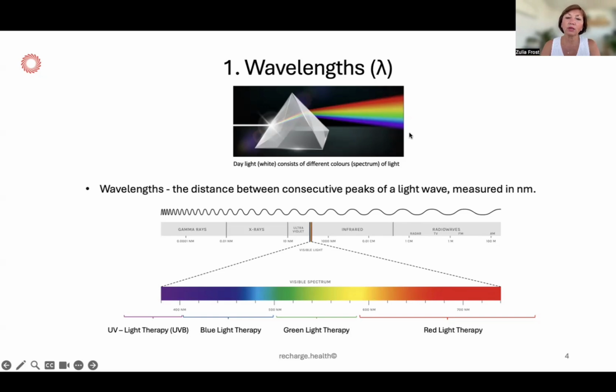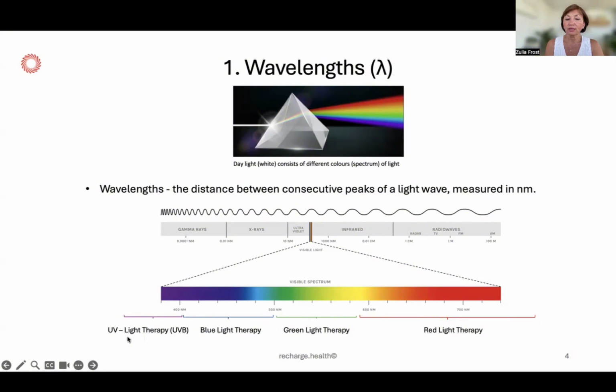And if you go to medical establishments and start talking about light therapy, they immediately think of UV light therapy, because that is how it's called. Light therapy was first used in the UV spectrum, UVB specifically, for treatment of psoriasis in particular, but also severely vitamin D deficient people, yes? So UVB.